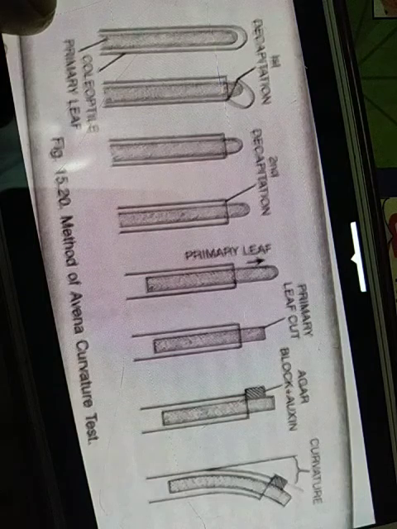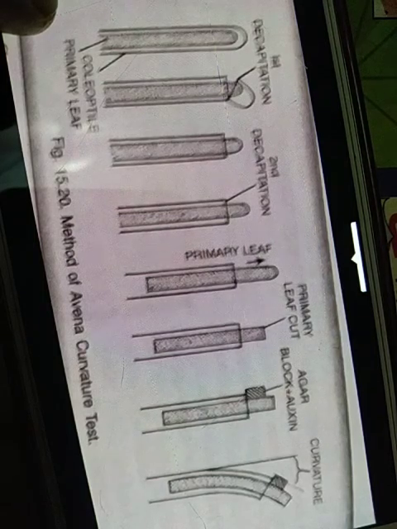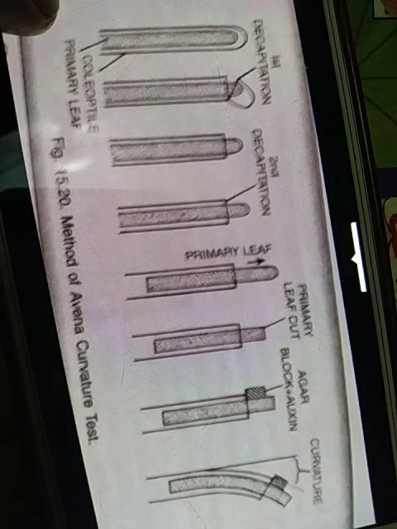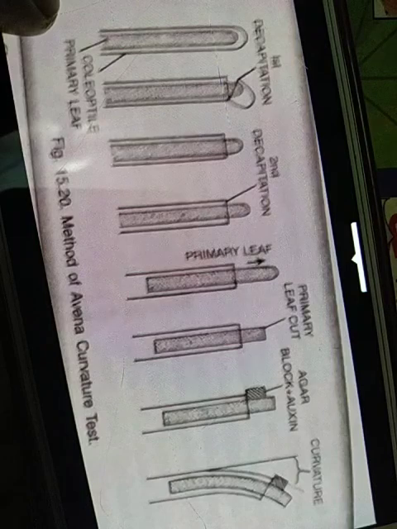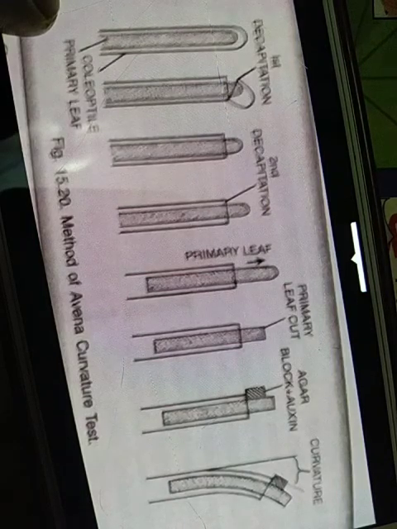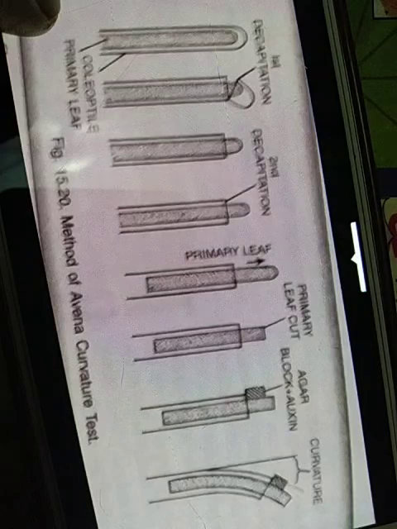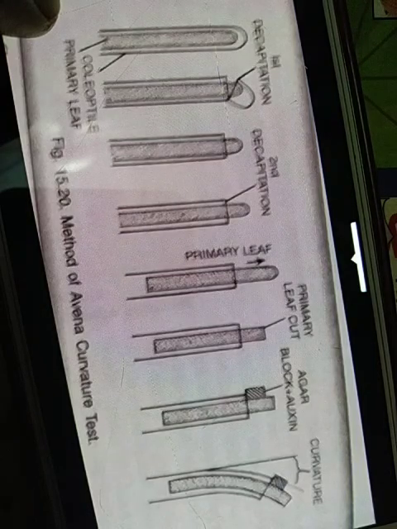After 3 hours, a second decapitation is carried out for a distance of 4 millimeter. The primary leaf is now pulled loose and the agar block is supported against it at the tip of the decapitated coleoptile. After 90 to 110 minutes, the coleoptile is found to have bent.